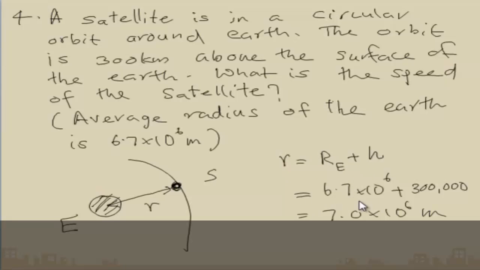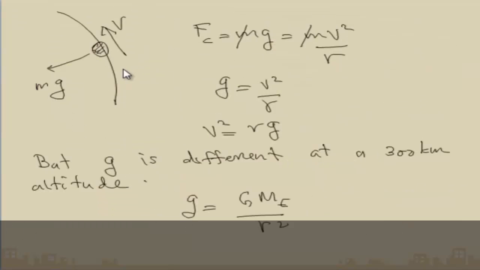So that's 6.7 times 10 to the 6 plus 300 kilometers, that's 300,000 meters. So the total distance r, the actual radius of the satellite's orbit, is 7 times 10 to the 6 meters. Considering the forces acting on the satellite, the only force is mg, or the weight of the satellite.